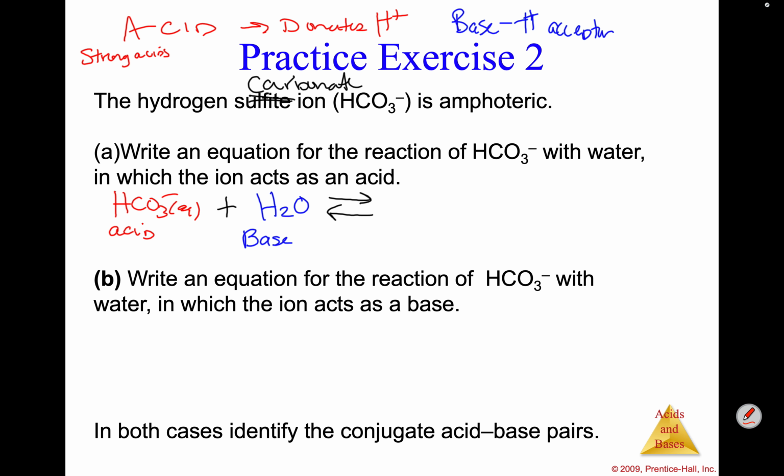Strong acids completely dissociate, meaning we get 100% products. It's not equilibrium. Weak acids have equilibrium because they dissociate.